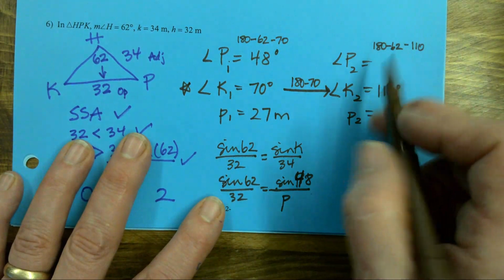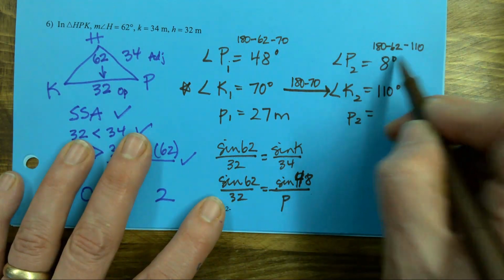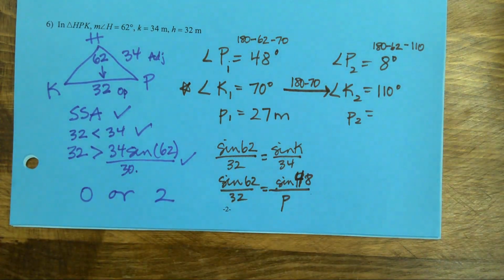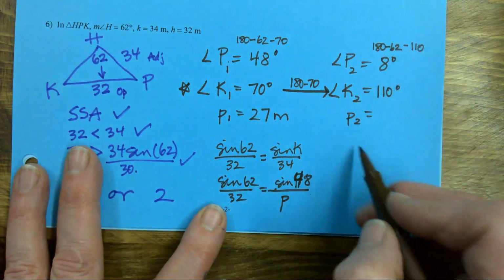And what do we get here? 8 degrees. So big difference between 48 and 8. Because 48 changing to 8, if K is 110, side P will be much smaller than 27. So my side P is going to change as a result of that potential change.